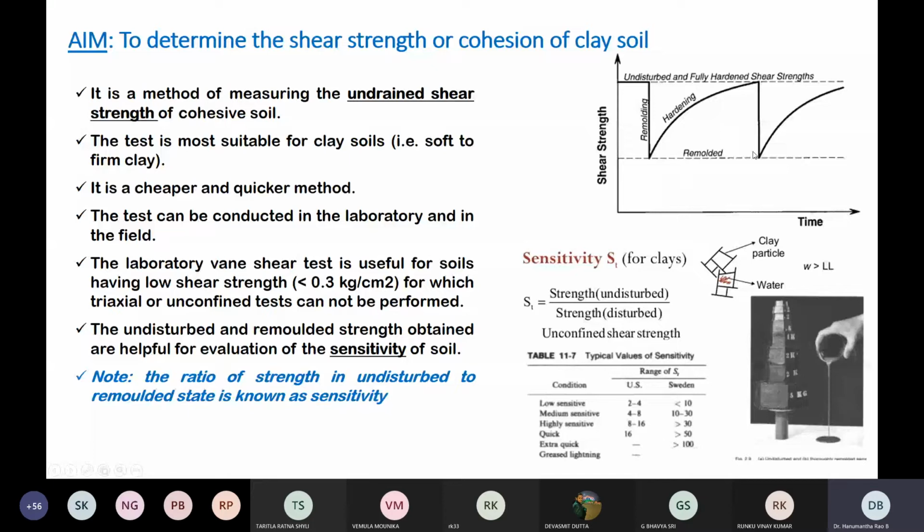Now this slurry you allow to stand under undisturbed condition for 24 to 48 hours. Then after 48 hours, you determine the strength. What you can see is obviously there is an improvement in the strength between the initial slurry condition and after 48 hours. That is called sensitivity.